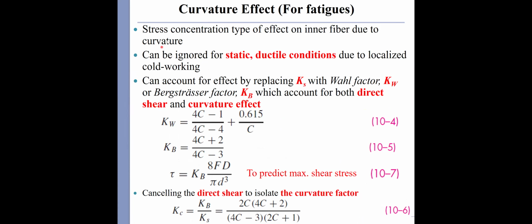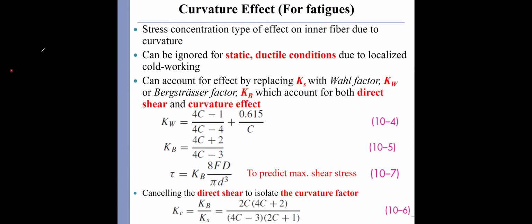Okay, so the curvature effect is used especially for fatigue. For static loading, the stress concentration effect in the inner ring due to curvature can be ignored for ductile materials, due to localized cold working. And this effect can be accounted for by the Wahl factor KW, or the Bergsträsser factor KB, which counts for both direct shear and the curvature effect.